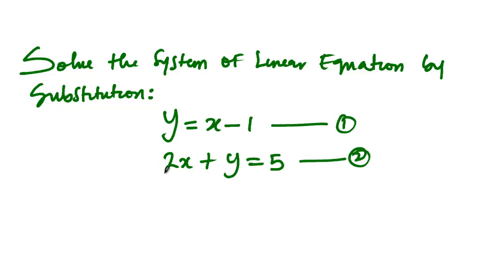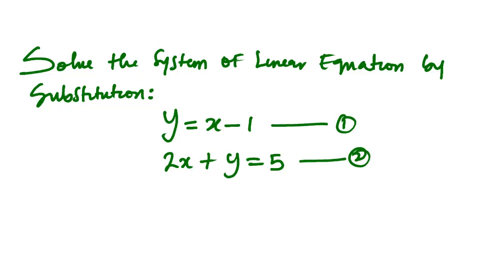Substitution basically means making one of the variable the subject of formula and substituting it, replacing it in another equation so as to eliminate that particular variable, right? This is just like saying elimination by substitution. That's the way I used to call it.